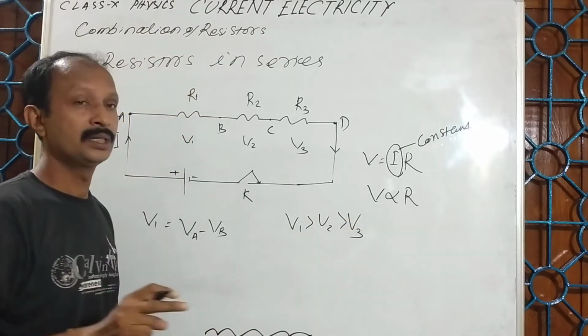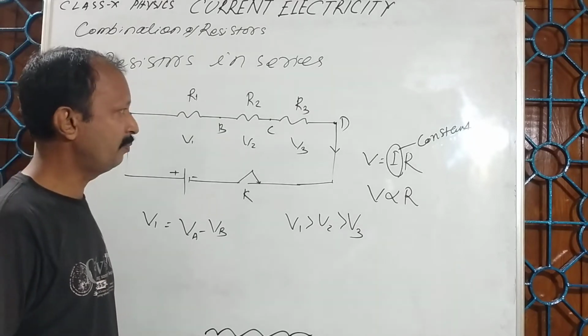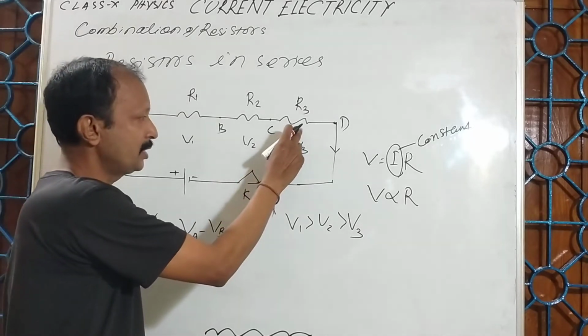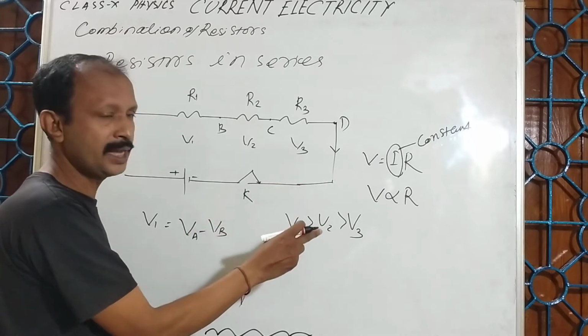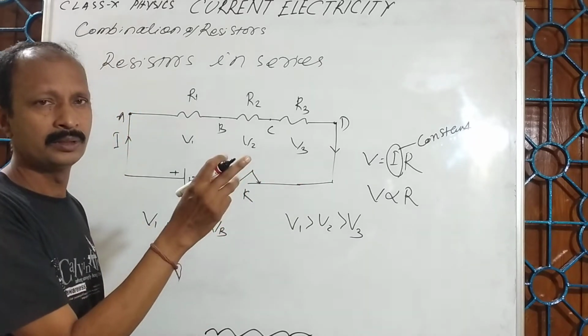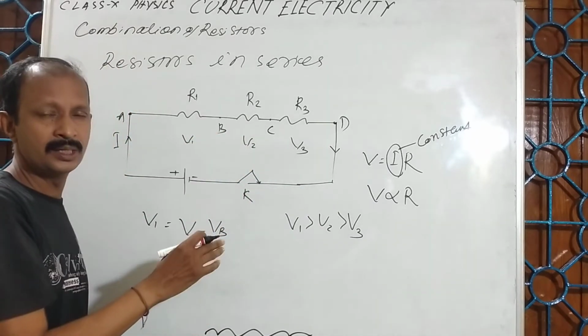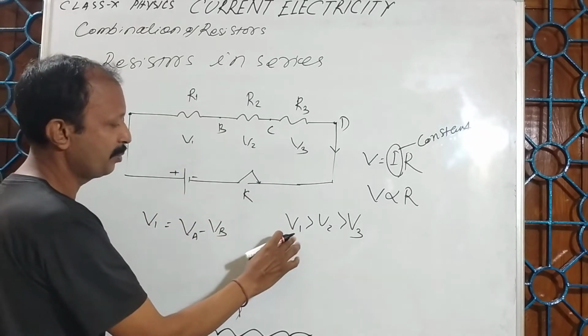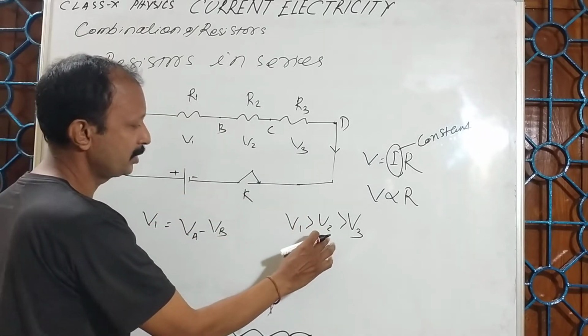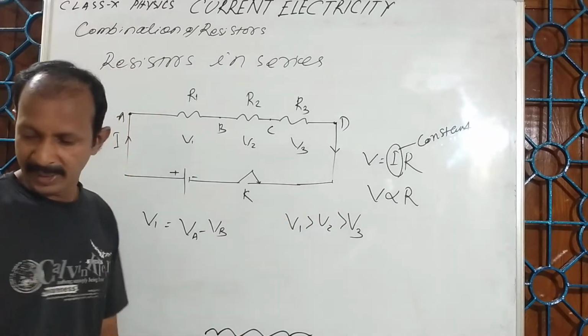That means the potential difference across the last resistance will be less than the potential difference across its previous resistances. So that's why I have written V1 greater than V2 greater than V3.